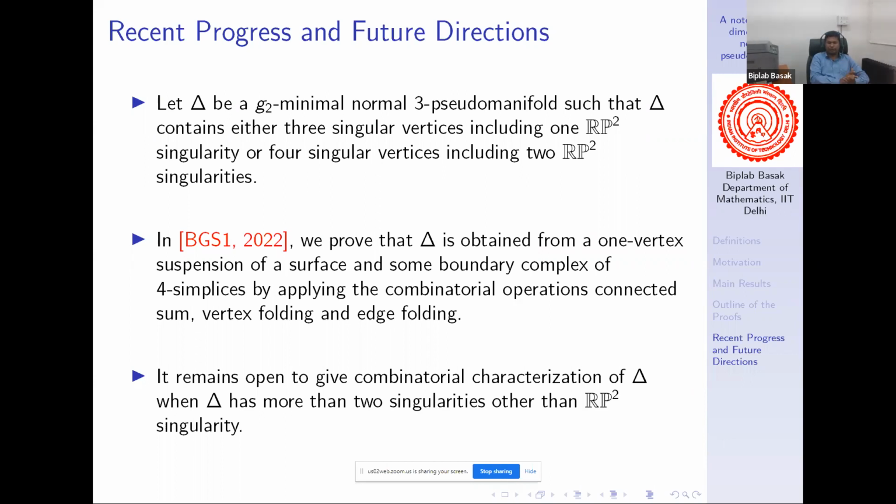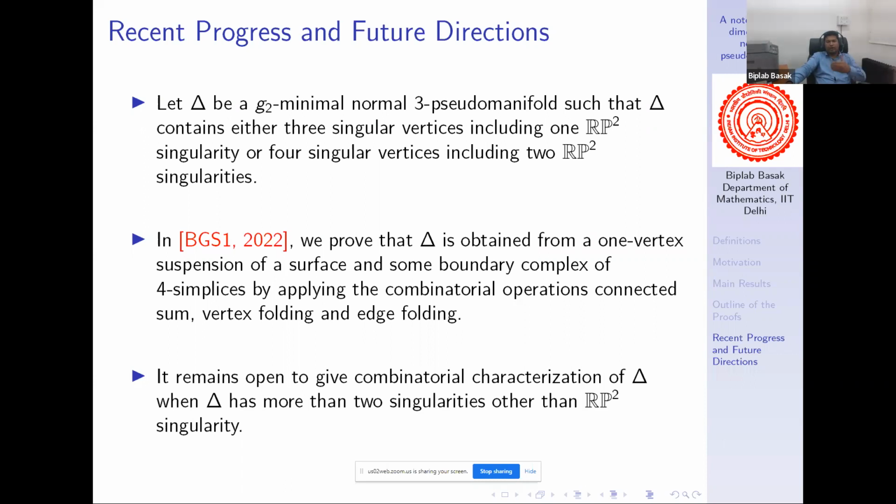But it remains open to give a combinatorial characterization of delta when delta has more than 2 singularities other than RP2 singularities. So these are not known.